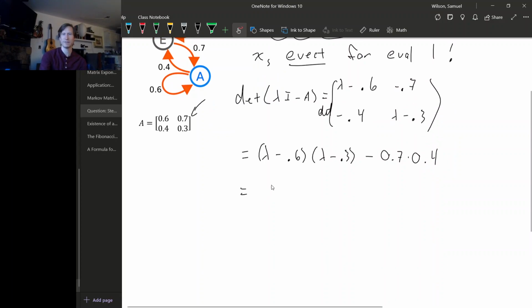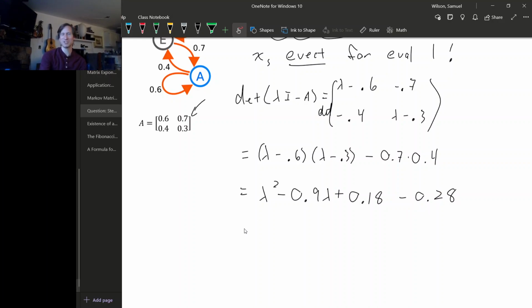Okay, so this is lambda squared minus 0.9 lambda plus 0.18, I guess, minus, oh dear, 0.28.